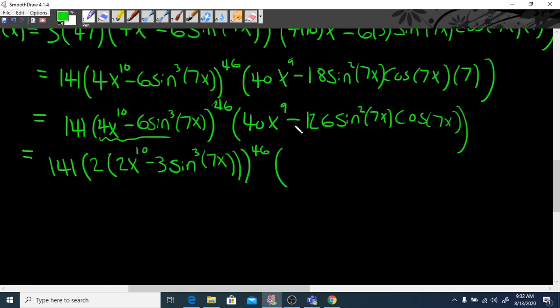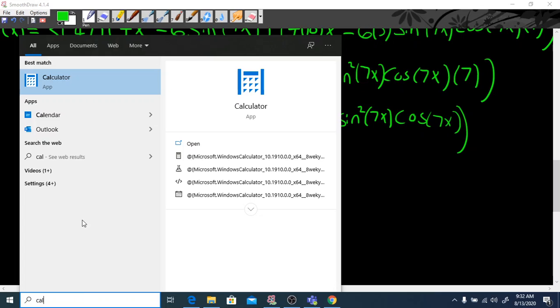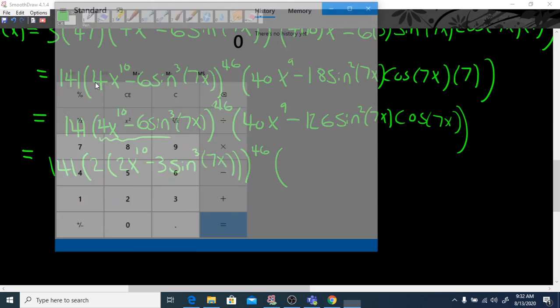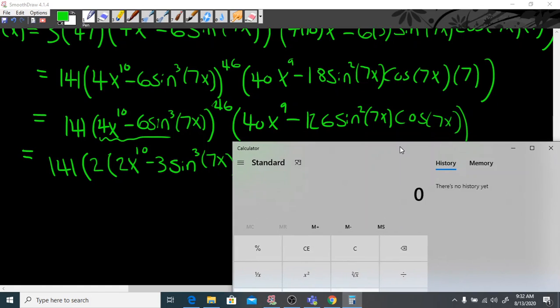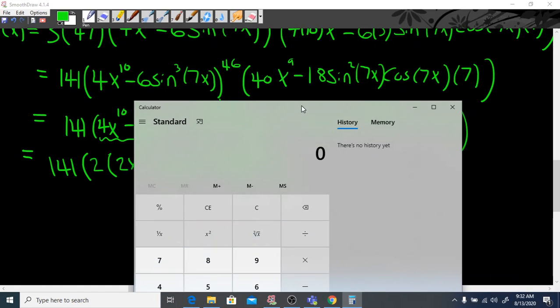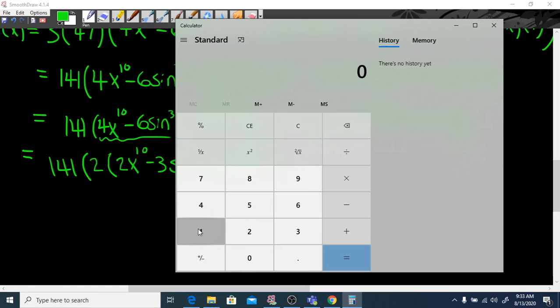Yeah, I mean 126. Yeah, we can factor more than 2. Because if we divide 126 by 2, we're going to get like 50, or wow, oops, 63.